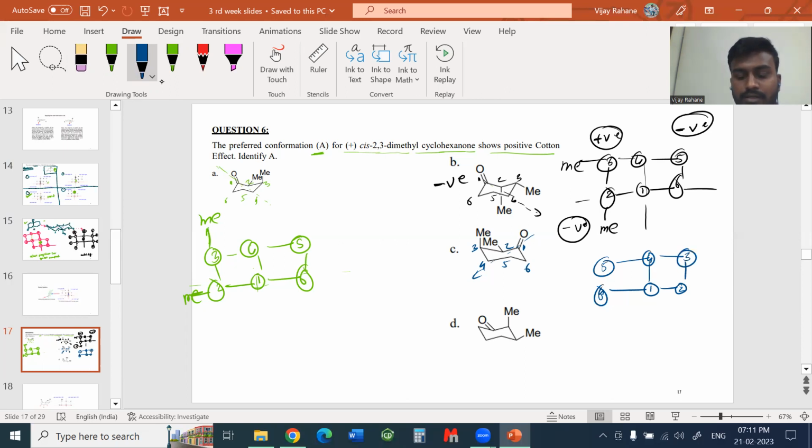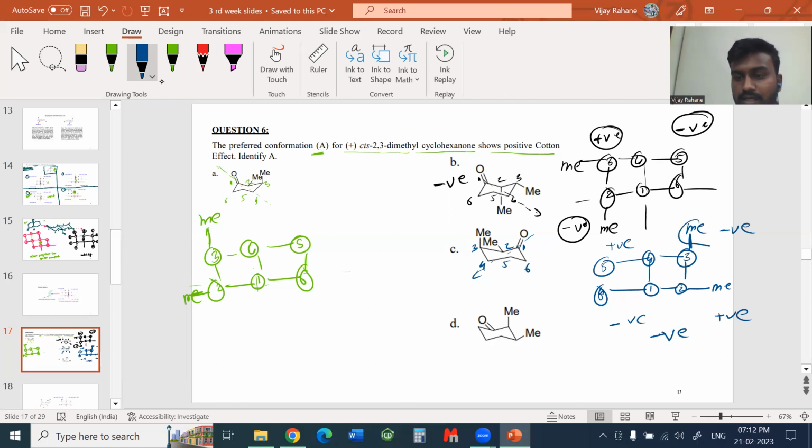Here we can see at 3 position this methyl attached here, this methyl attached here. So what you can see here, negative, positive, negative, positive, right? So it shows a negative Cotton effect, right?